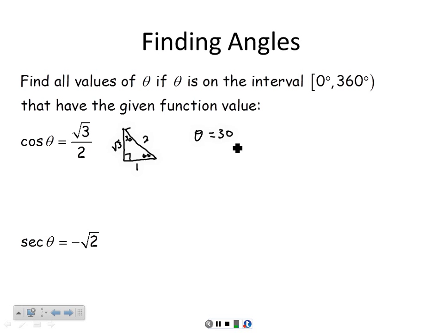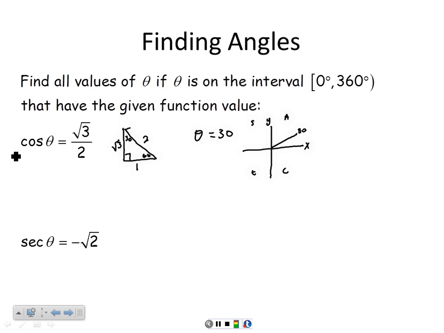So theta is 30, but it says find all values of theta. So look at this. If we go on our 360 degree unit circle, cosine is positive, so this is where a smart trig class comes into play. So everything in quadrant 1 is positive. So we know that 30 degrees is good.